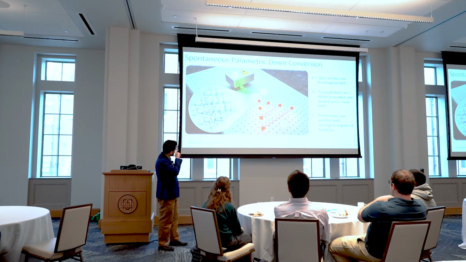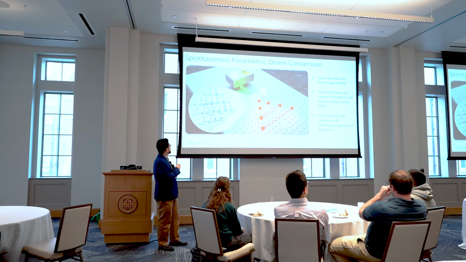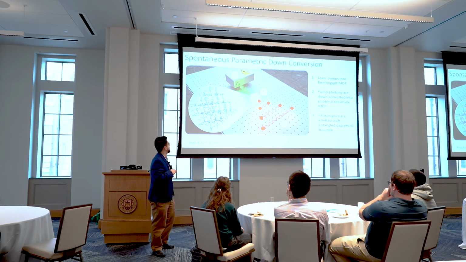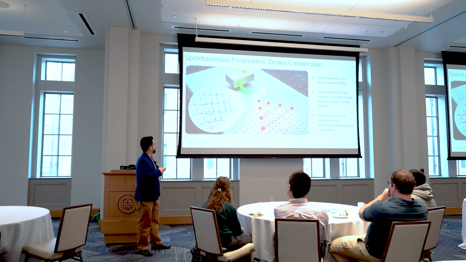Okay. So this is what we envisioned. So we're going to have a laser, it's going to pump into our material, and then it's going to produce those entangled photons. Okay, so now the challenge is, right, there's a lot of really neat physics that describes the properties of entangled photons. We need to link those physics back to the material.